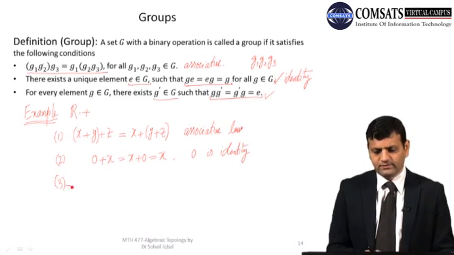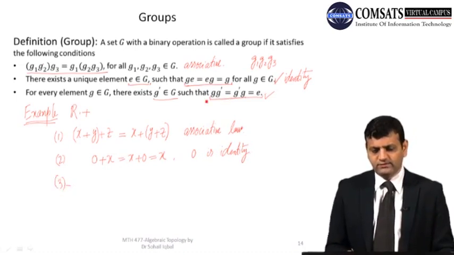Number three: we need to check that for every element G there exists an element G prime such that if I add G and G prime in any order, the result is my identity element. In other words, the result should be 0. Given any real number x, can we find a real number such that if I add it to x, the result is 0? Of course that number is minus x, because if x is a real number, then minus x is also a real number.